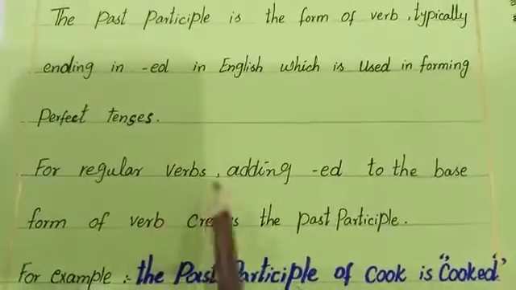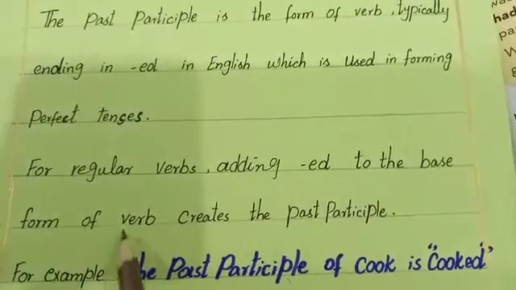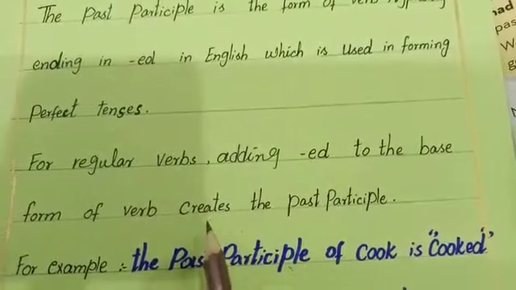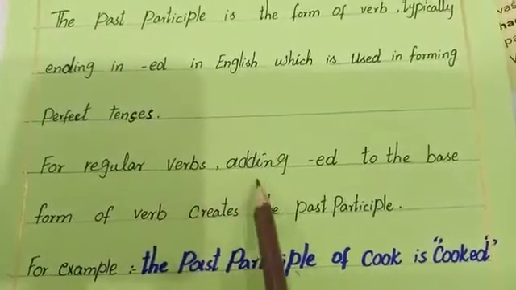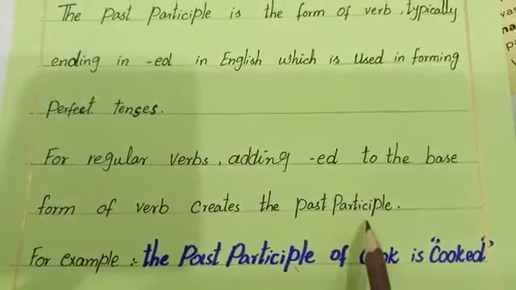For regular verbs, adding ed to the base form of verb, the first form of verb, creates the past participle.